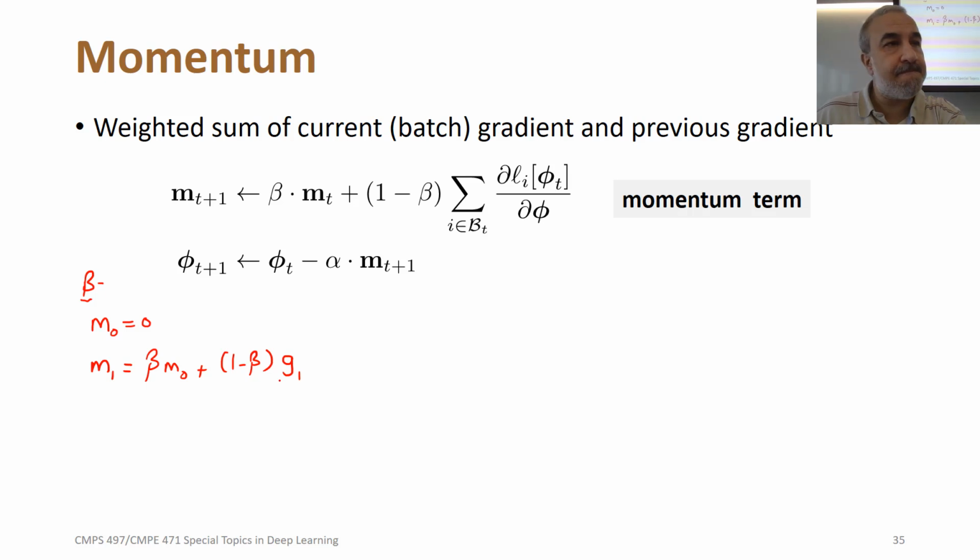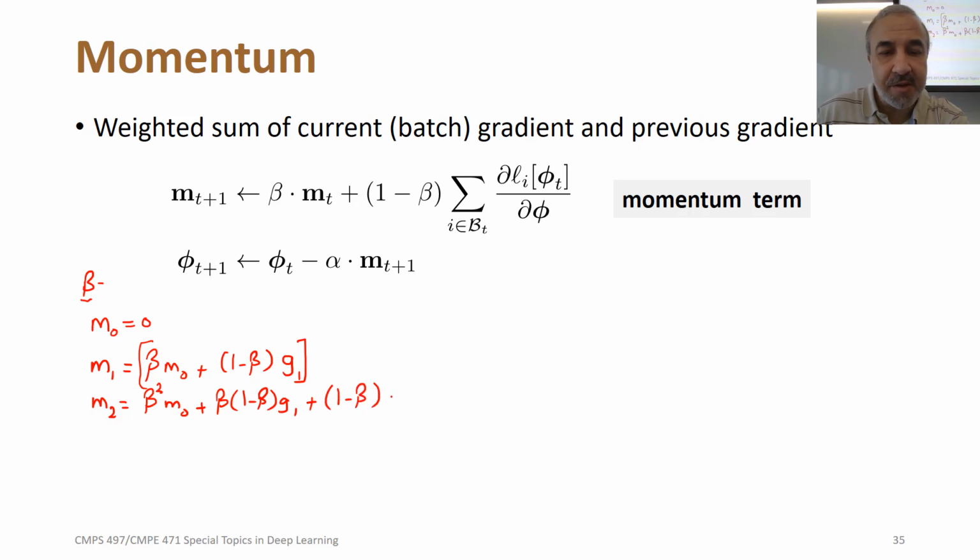Okay, with me? Now let's compute M2. Beta M1, which is this entire thing, right? So if we multiply beta by this, that will be beta square M0 plus beta 1 minus beta G1, all of that plus 1 minus beta G2, right?